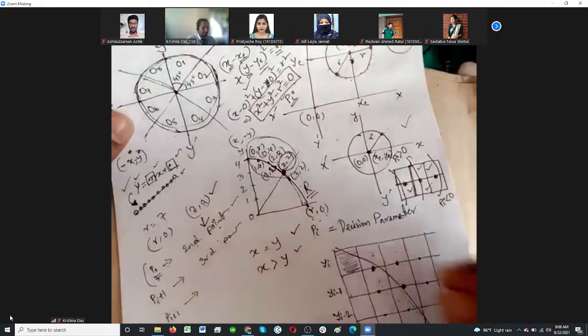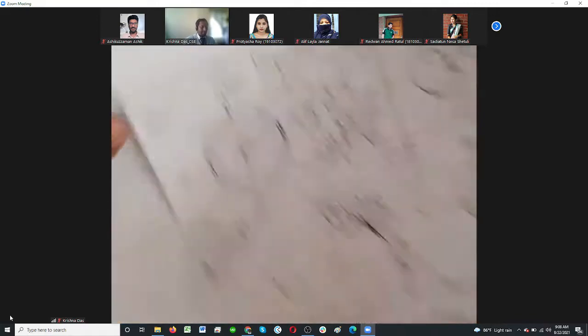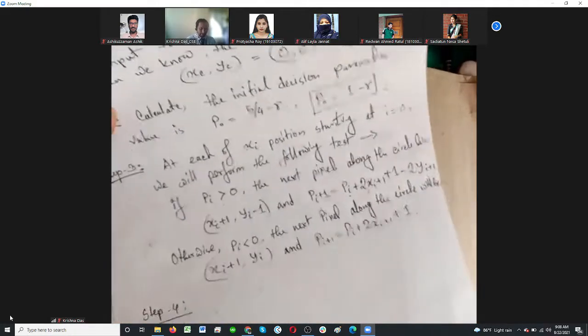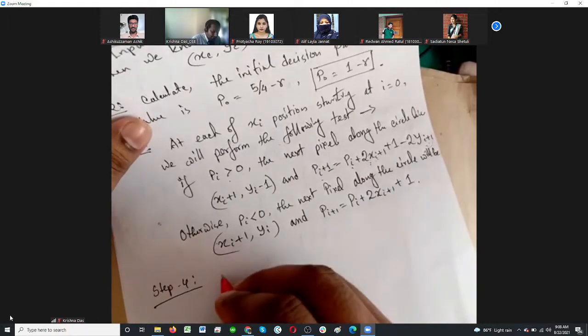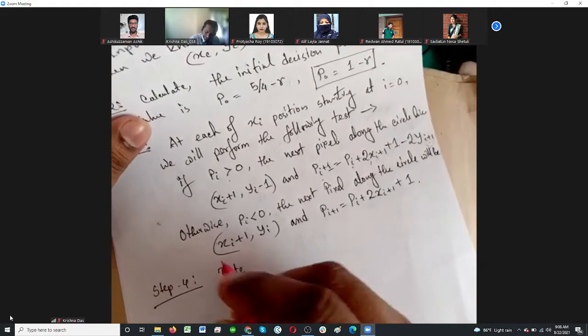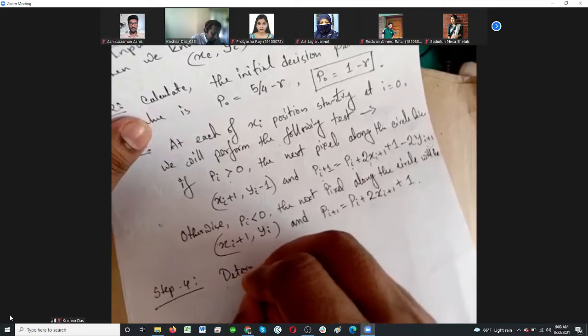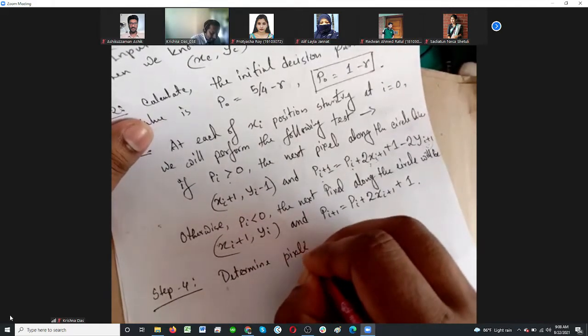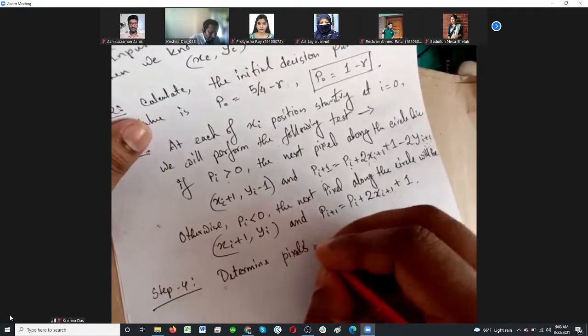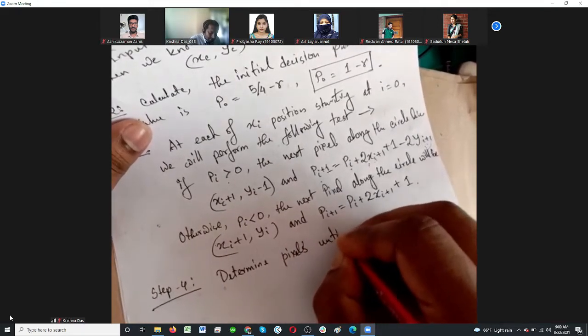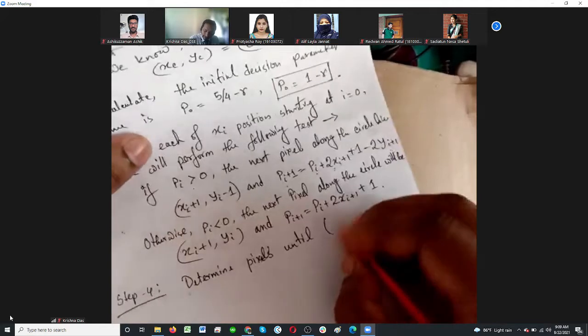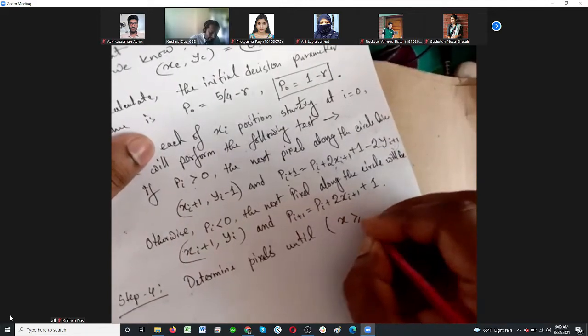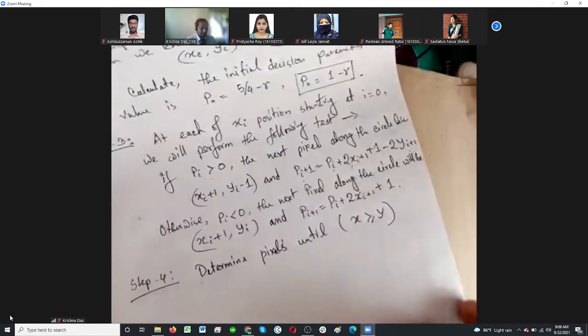Also, if x is greater than y, then also I can stop. So these two conditions can be applied up to your execution point, so that we can say: determine the pixels until your x is greater than or equal to y, right?